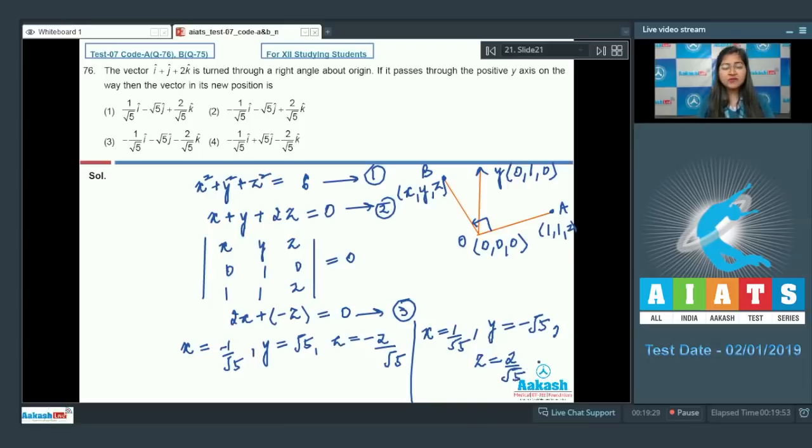Now in the question it is given that this vector, when turned through a right angle about the origin, passes through the positive y-axis. So we can say that only the first value will satisfy it, because when it gets turned, the x coordinate of the new vector will be negative, y coordinate will be positive and z coordinate will be negative, right? So the correct answer will be option number 4.